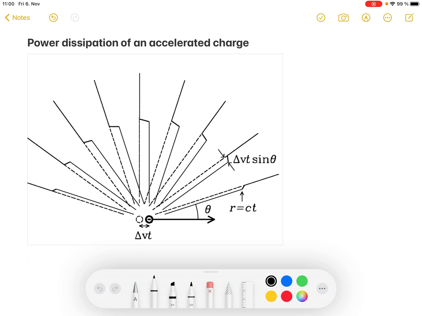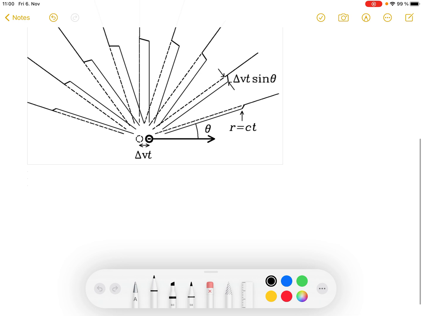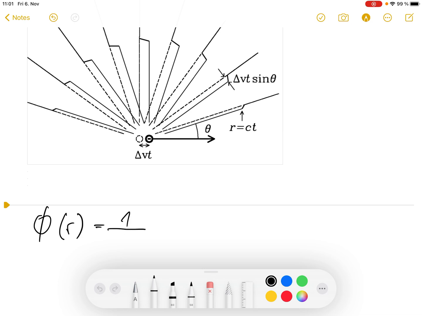So first, let's write down Coulomb's law. Phi of r, the potential, equals 1 over 4 pi epsilon 0 q over r. r is the distance, q is the charge.